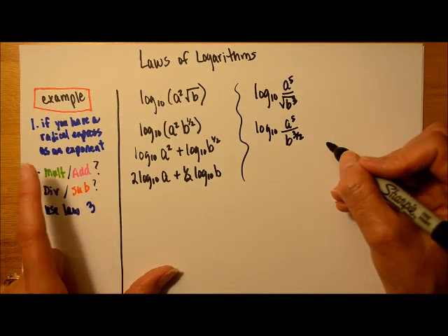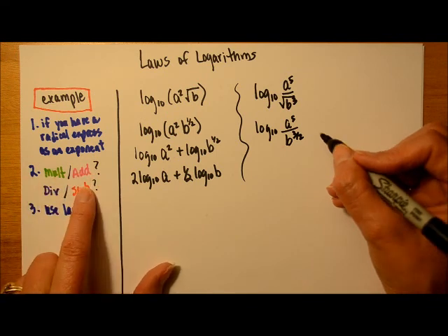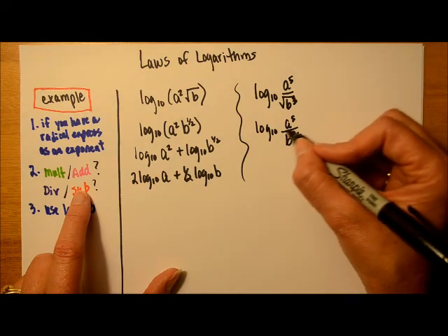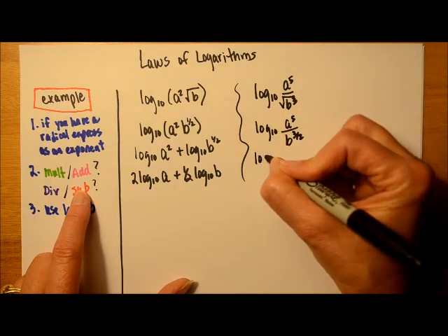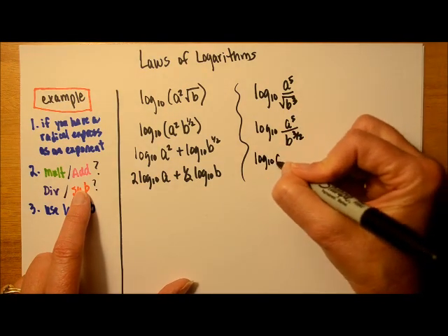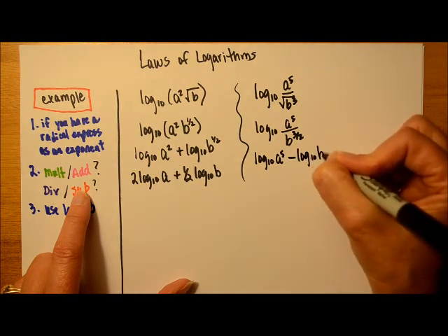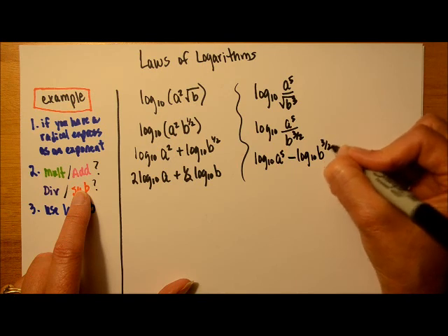Now I need to decide, is it multiplication, addition, or division, subtraction? Division, subtraction. Look, there's the sign there. I have log base 10 a to the 5th minus log base 10 b to the 3 halves.